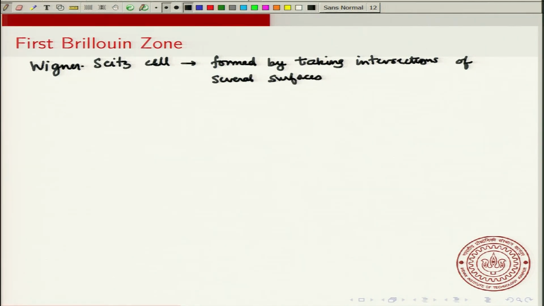Just to show you in 2 dimensions. So, the way you form the Wigner-Seitz cell is, let us consider a square lattice.